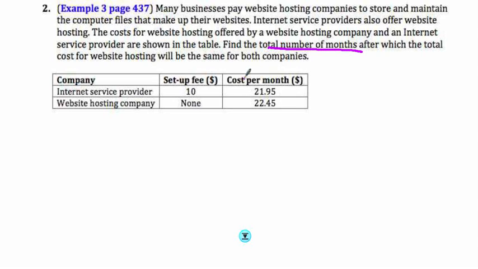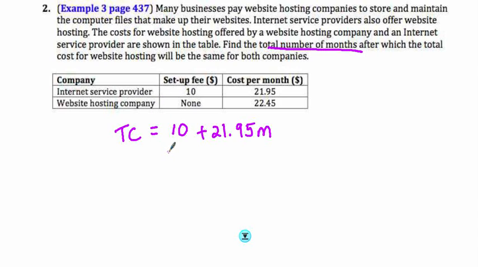We have a monthly cost and a setup fee, so I'm going to say TC for total cost is going to equal 10 plus 21.95m, and I'm using m to represent the number of months because this is a monthly charge of $21.95 from the internet service provider.